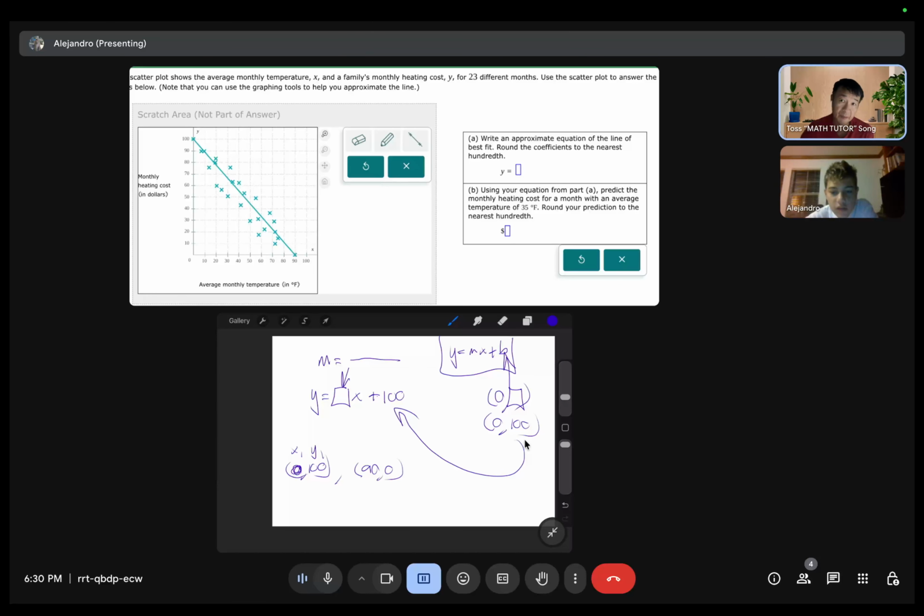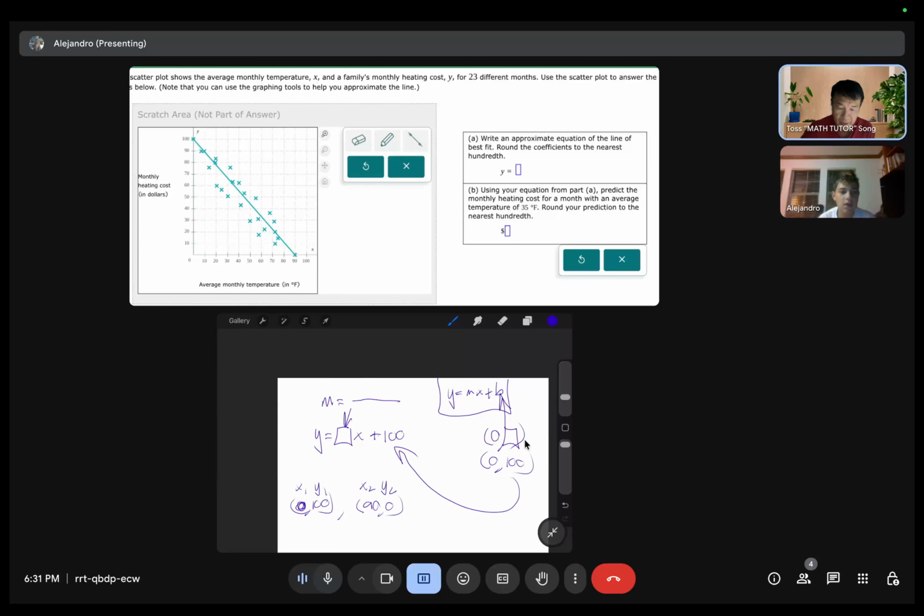I know it's the y-intercept, but we're using it as something else. Then your x2, y2. You know for sure it's on the line. The point that touches the y-axis is 0 comma 100, and the point that touches the x-axis is 90 comma 0. See that?